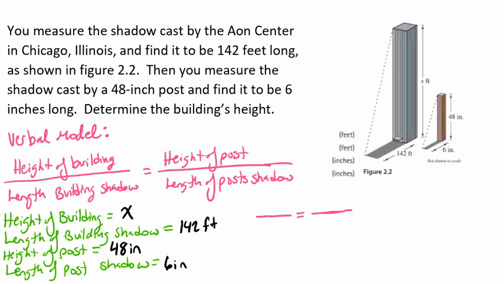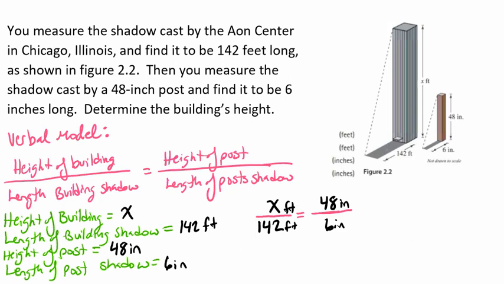And so now we're going to go ahead and just plug those in. So we have the height of the building, x feet, and the length of the building shadow, 142 feet. Then the height of the post is 48 inches, and the length of the post shadow is 6 inches. Now, because we have feet over feet on the left and inches over inches on the right, we are just fine to continue.